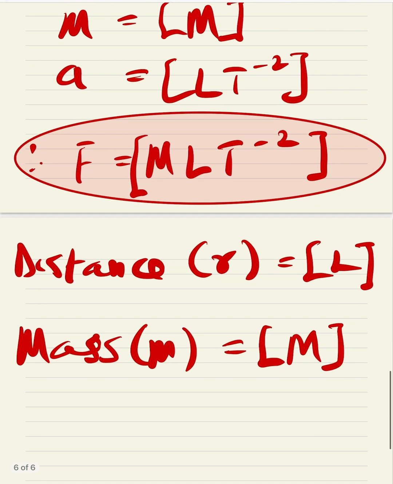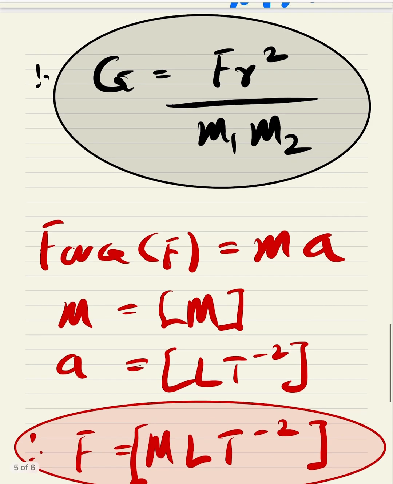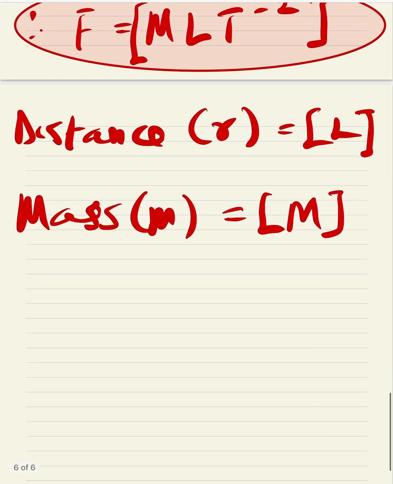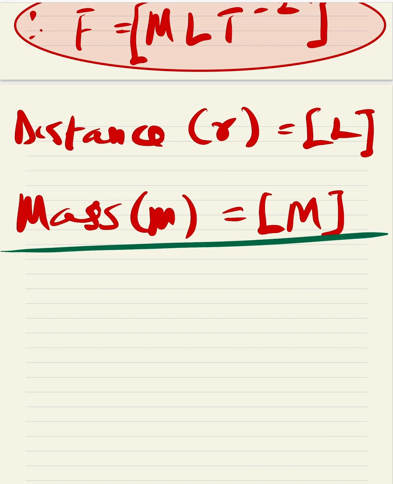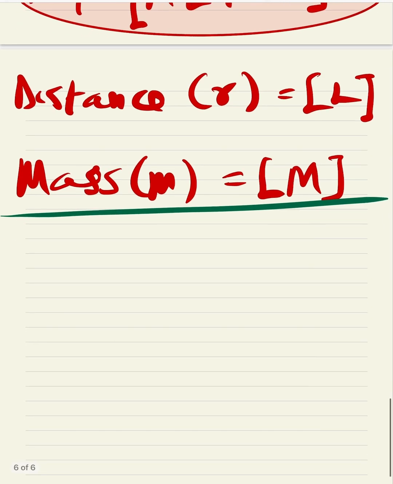So once you have gotten those three things, you can now come back and substitute into this formula. Whenever you are seeing square, you can put the square. So the G will now be close to finding the dimension of that G.